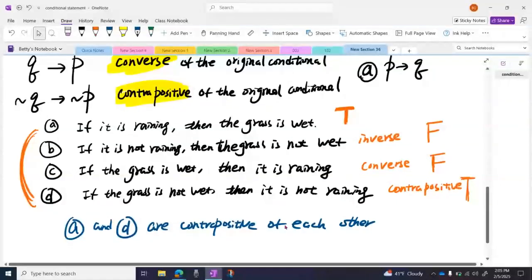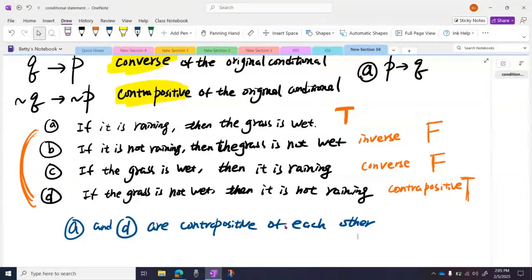So if you are a lawyer, you're going to deal with this a lot. If it is raining, the grass is wet. Another way to say that is if the grass is not wet, then it's not raining, right? Contrapositive is very important.